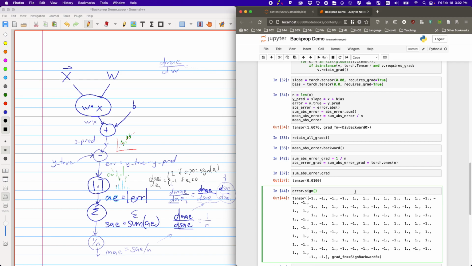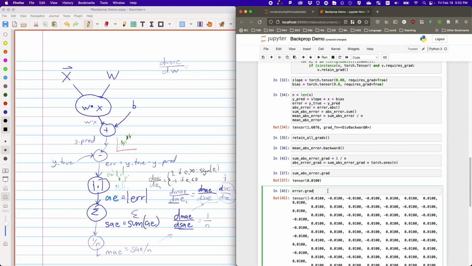So when we compute the gradient of this, we're looking at what is our error grad. Well, it's our error sign times the absolute error grad. So we got the same thing. So that's our error grad.